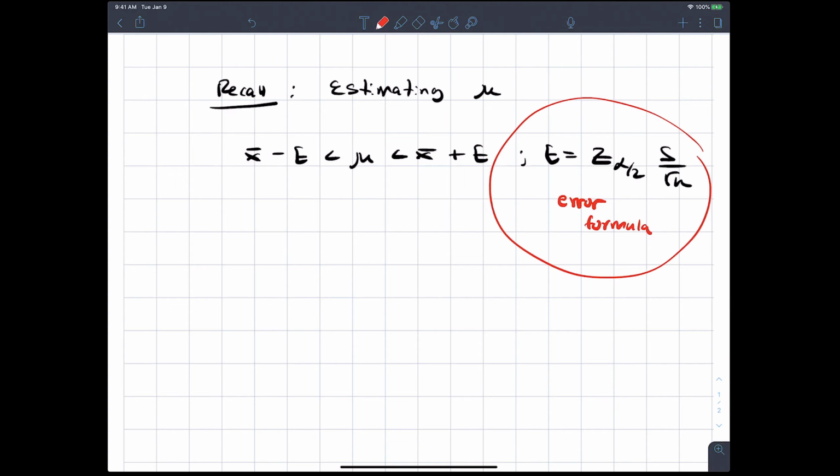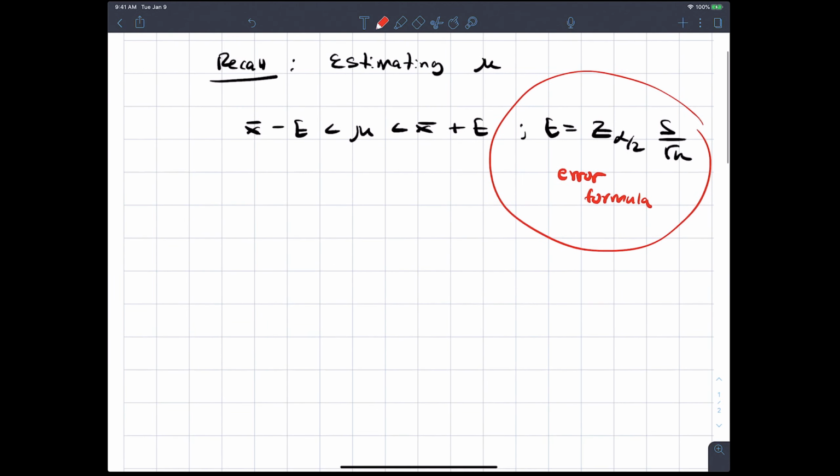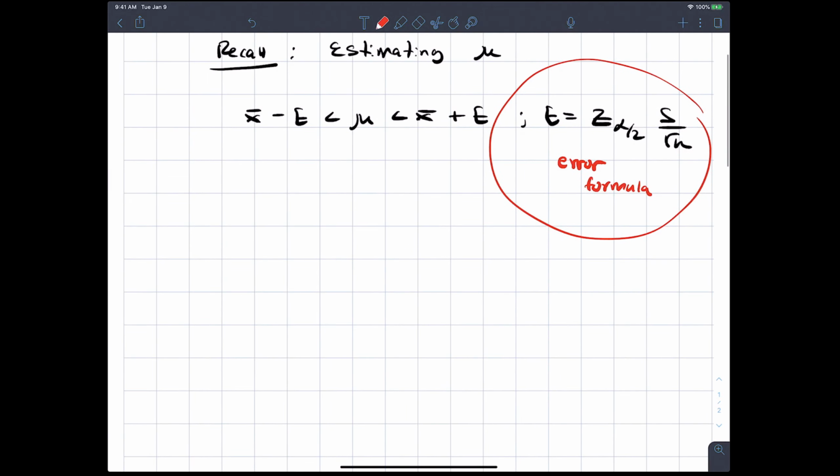Often you might think, before I go out and take a sample, I don't want to take a sample size of 500 data values when only 280 will work. Meaning you have to know ahead of time what kind of margin of error is acceptable.